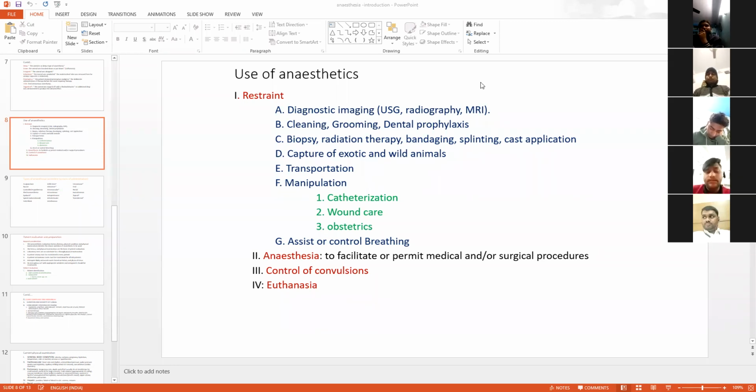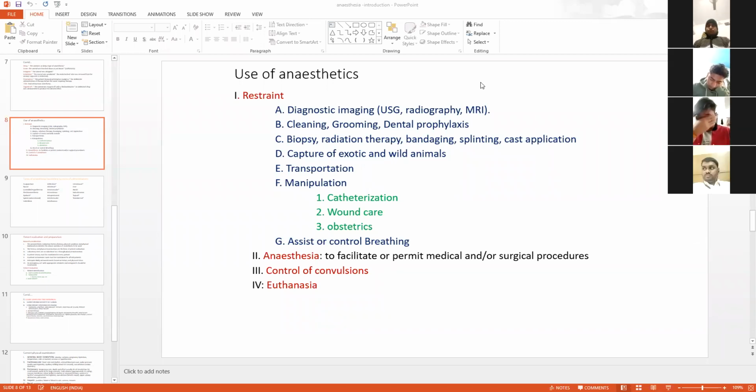Many times, especially in females, if you are going to collect urine, then sedation is required, otherwise the animal is not going to cooperate with you.